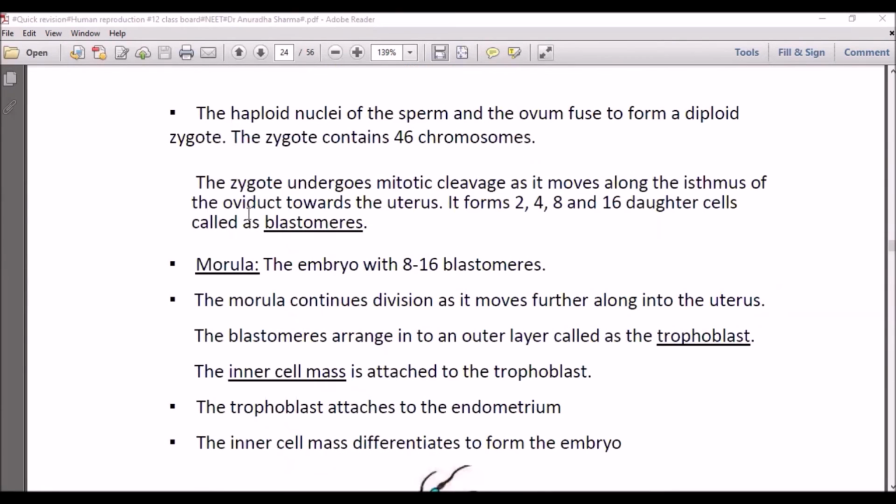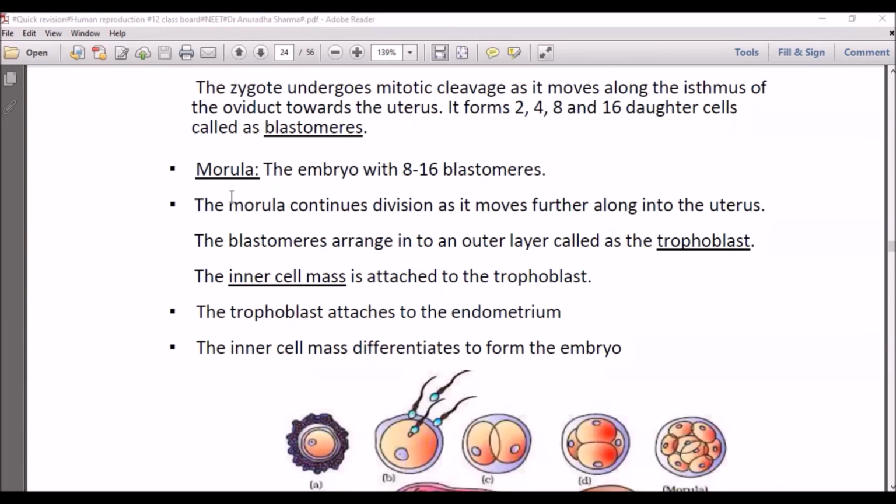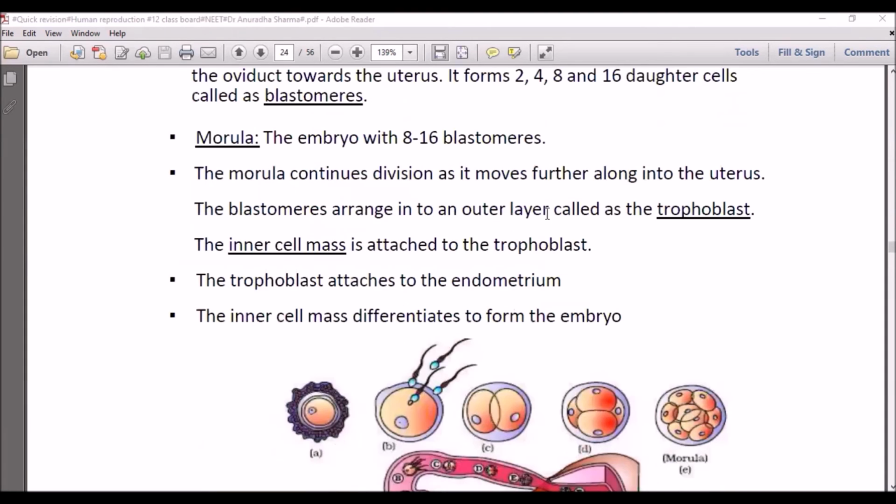After that, the zygote undergoes mitotic cleavage, and it moves to the uterus, and it forms 2, 4, 8, 16 daughter cells, which are known as blastomeres. Now, the embryo with 8 to 16 blastomeres is known as morula, and it further forms the trophoblast.